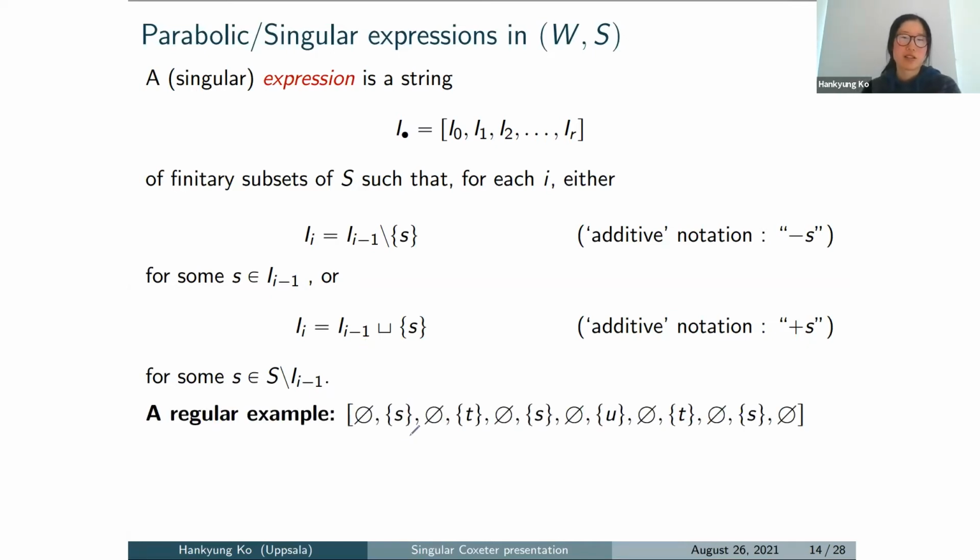And here is an example. The empty set is a subset of S, always finitary.